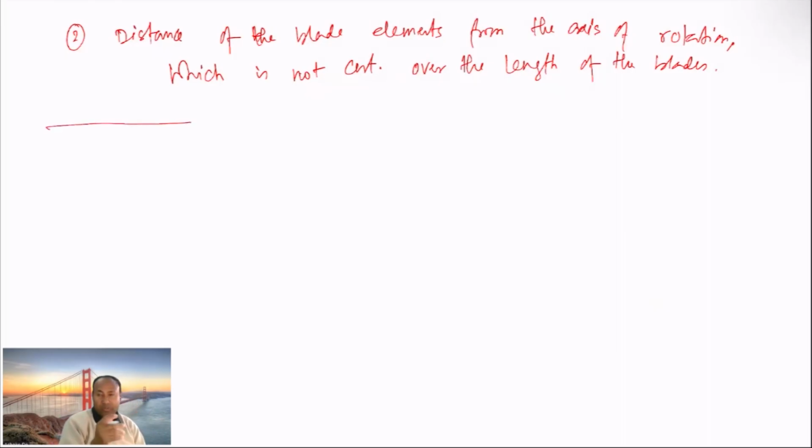More about this analysis we will not go into in detail within the scope of this particular course. Those interested can go through the available textbooks, which talk about the detailed analysis of various types of rotors. Similarly, we'll quickly talk about the Savonius rotor.